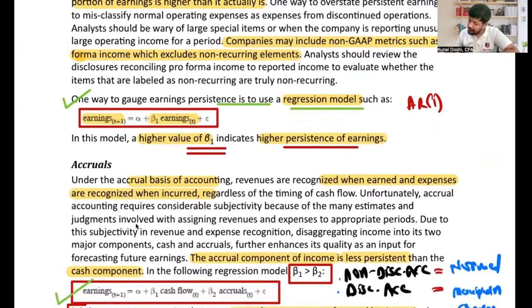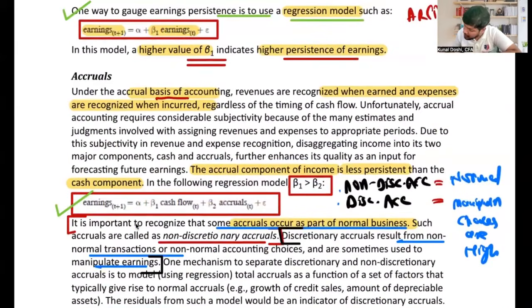Because we are doing accrual accounting, the earnings that you have actually earned may or may not be converted into cash. So the model now takes the cash component into account also.